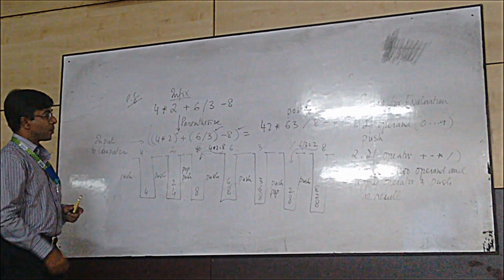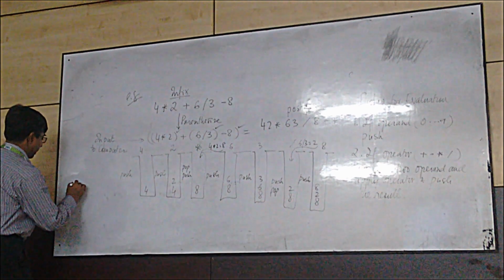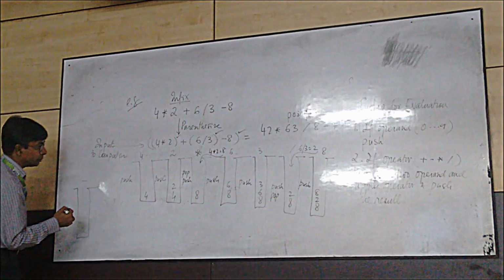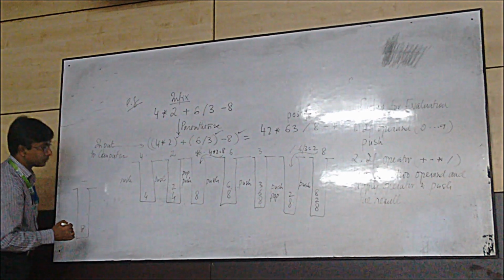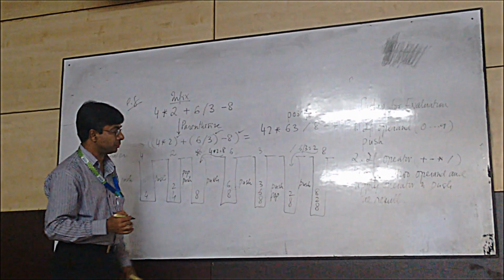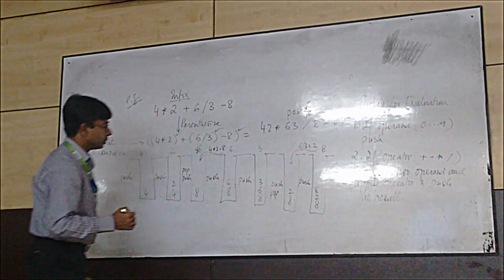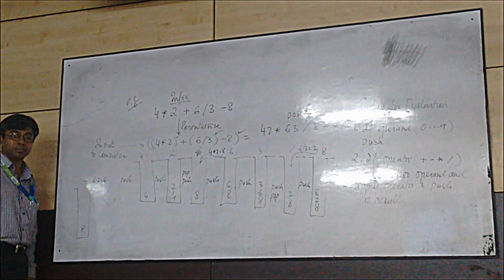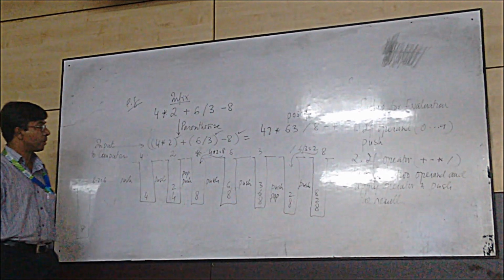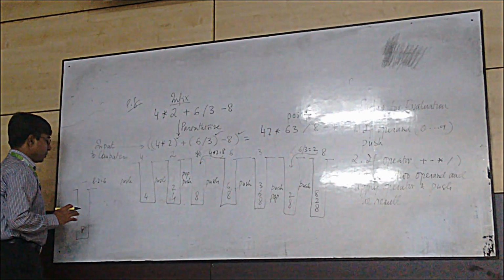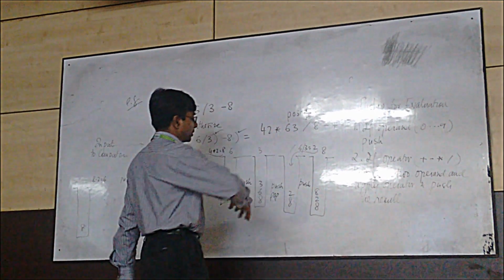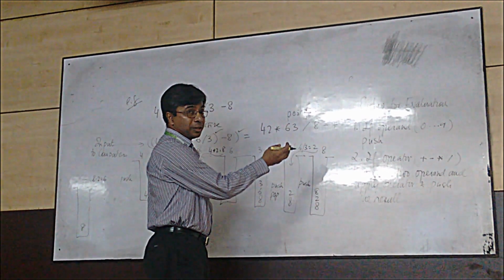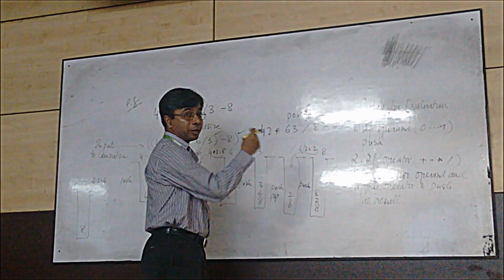Right? Now the next operation coming is what? Tell me. Minus. When minus comes, we already have 8 here, and then 8 minus 2 is 6. Sir, shouldn't it be 2 minus 8? The last item comes first when popped.